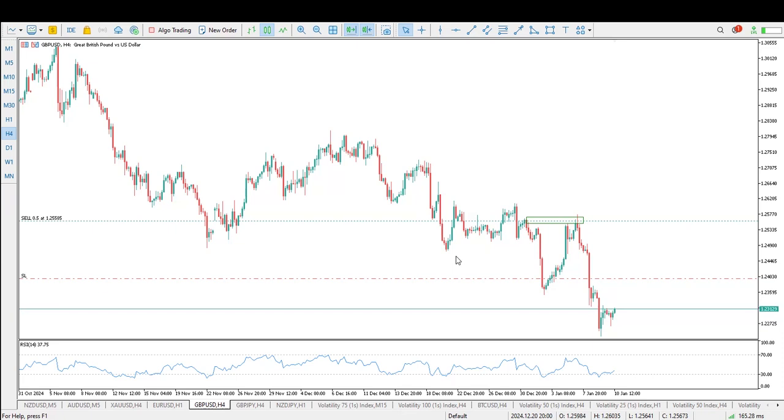Now, one thing you must understand is that you cannot just buy or sell from any point in the Forex market. You need to know where the money is in the Forex market. You need to know where the liquidity is. What moves the market is money. What moves this market is liquidity.